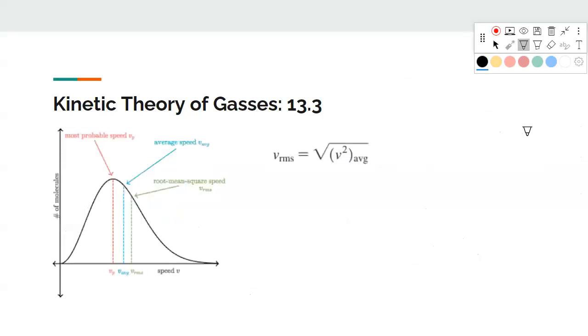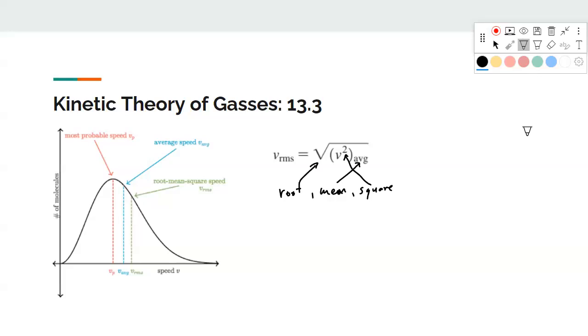Yeah, the idea is that if you take the square root, so this is root mean square, and you can see that that's the order of operations here. So the RMS velocity is the square root of the mean of the square of the velocity distribution.